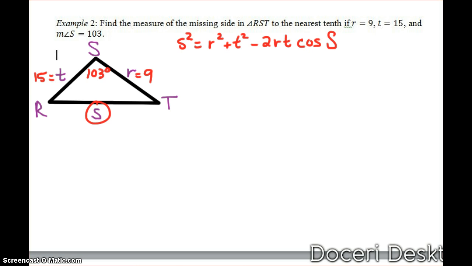And so I can fill that in. Again, I'm solving for S here. R was 9, T is 15. So then I'd have 2 times 9 times 15. And then the cosine of angle S would be the cosine of 103 degrees.